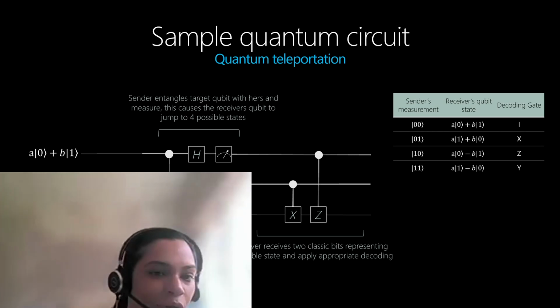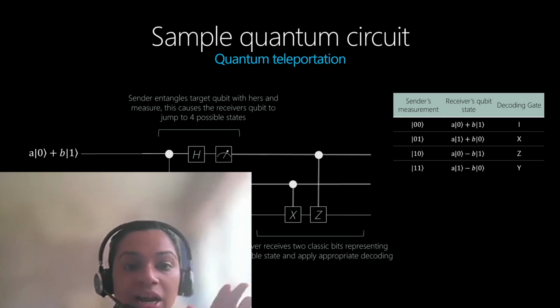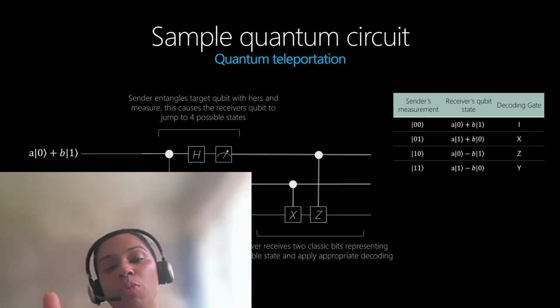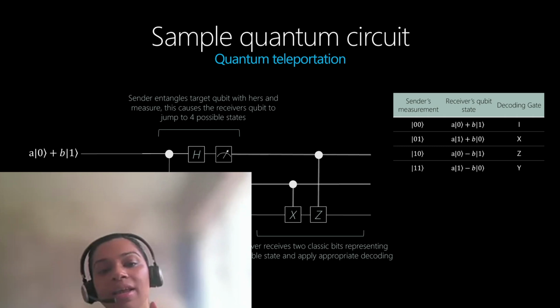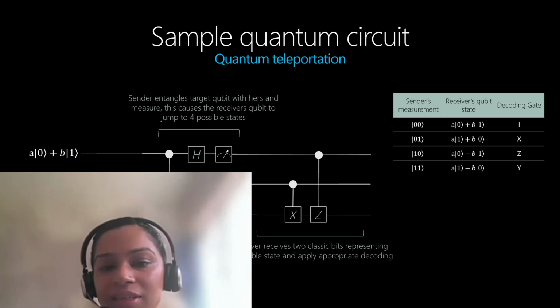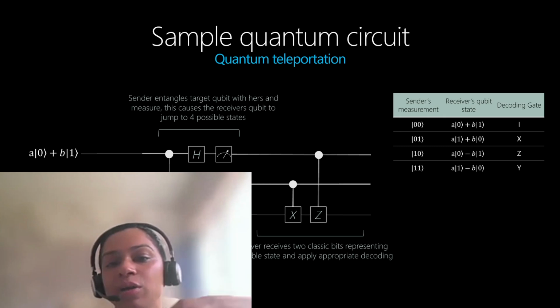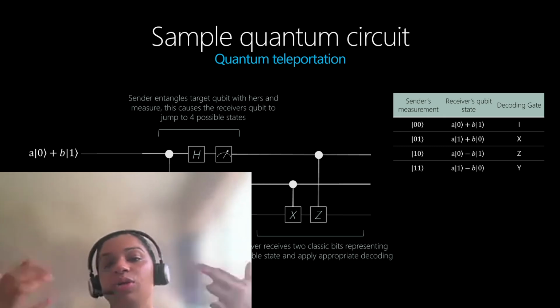Alice is measuring at this point in time, and she's sending two classical bits to Bob. And Bob then uses the entangled state that he has and does the operations that you see here. Depending upon what he sees, he would use an I gate, X gate, Z gate or Y gate to decode the information.